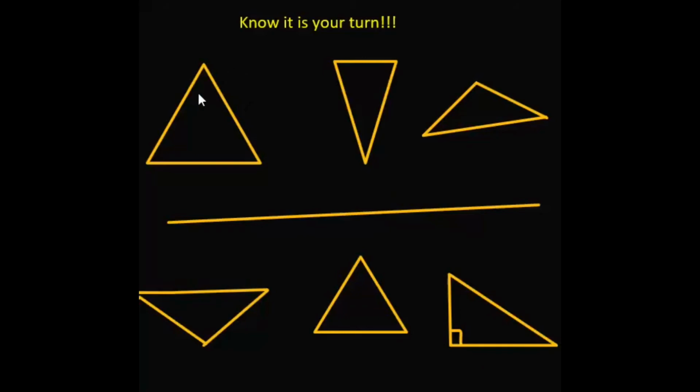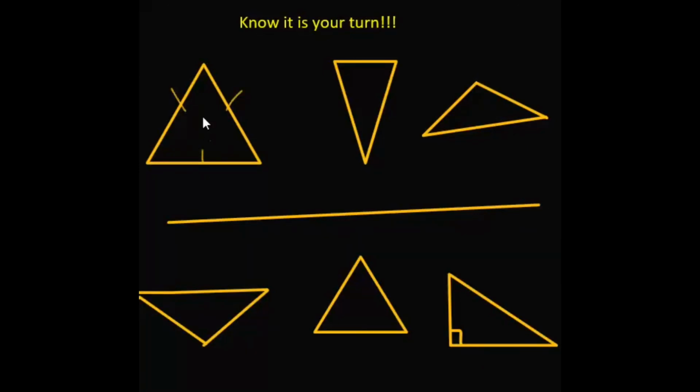So this first triangle, let's figure it out. This is a sides section, so we're going to be measuring by sides. This one has one equal side, two equal sides, and three equal sides.